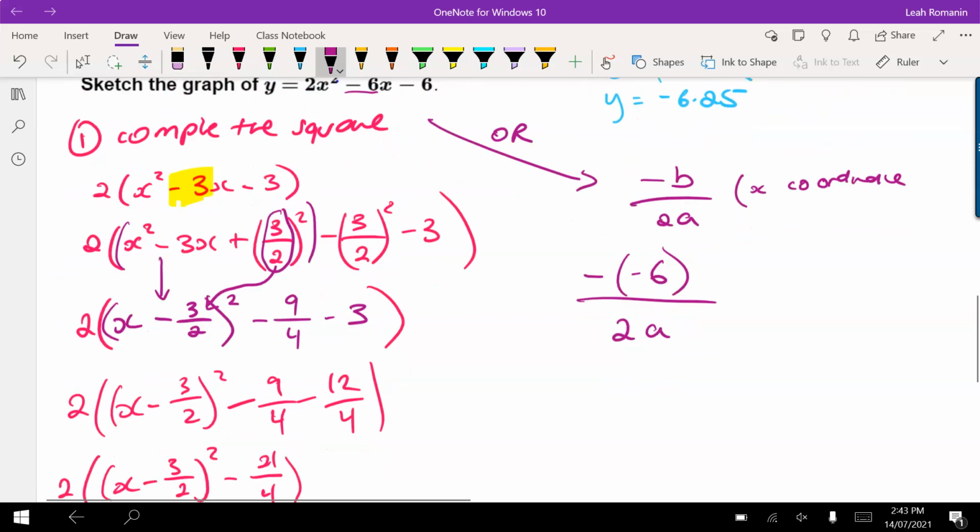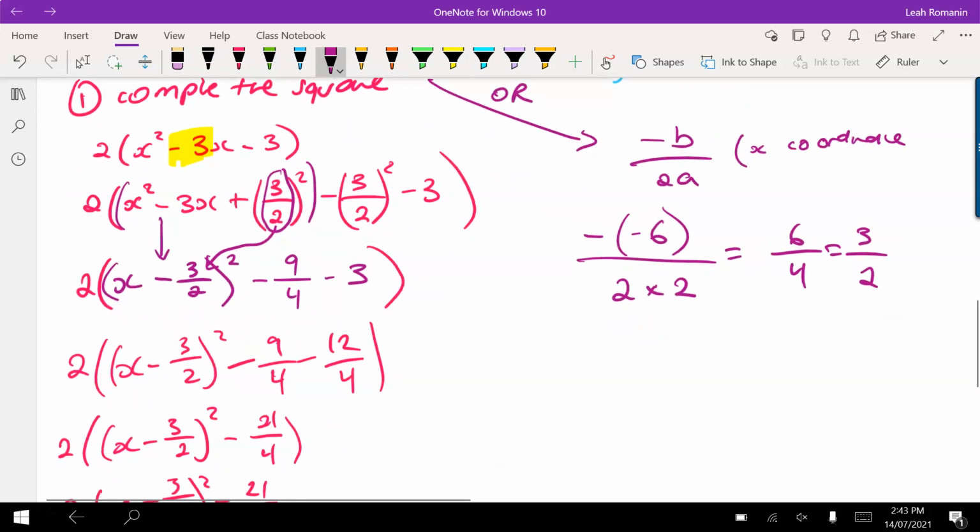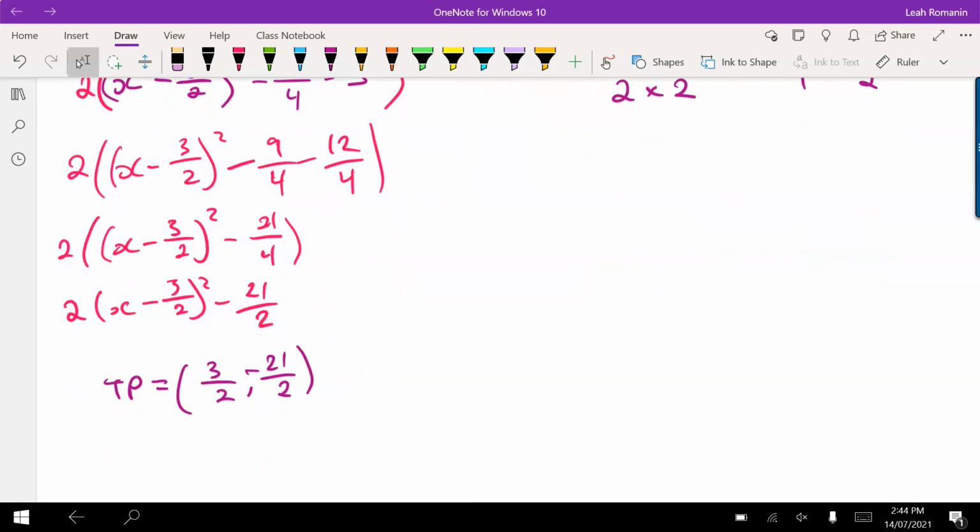Sorry, I can't even remember what I'm aiming for. 3 over 2. So I've got minus, then my b is the negative 6, and then on the bottom I've got 2 times a, which my a is 2. So I'm going to end up with 6 over 4, which can be cancelled down to 3 over 2, which is exactly what I got when I completed the square.